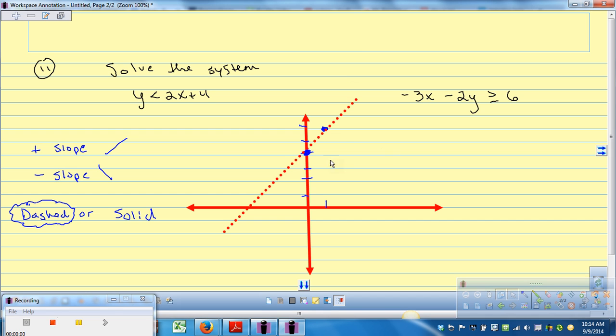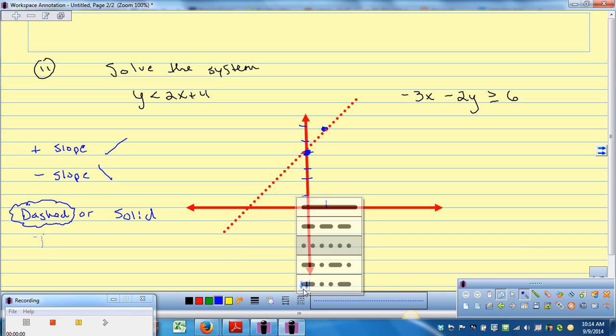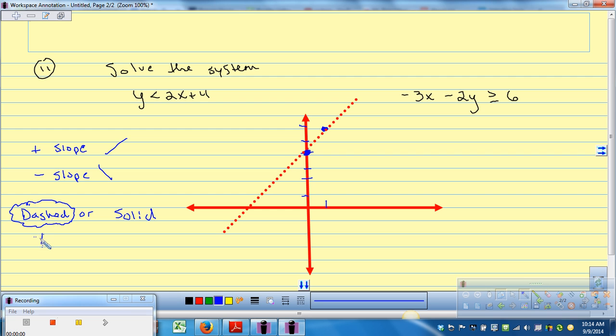And I need to figure out where to shade. What do I do next? You plug in a 0. I test the point. That is correct. So we're going to test the point.